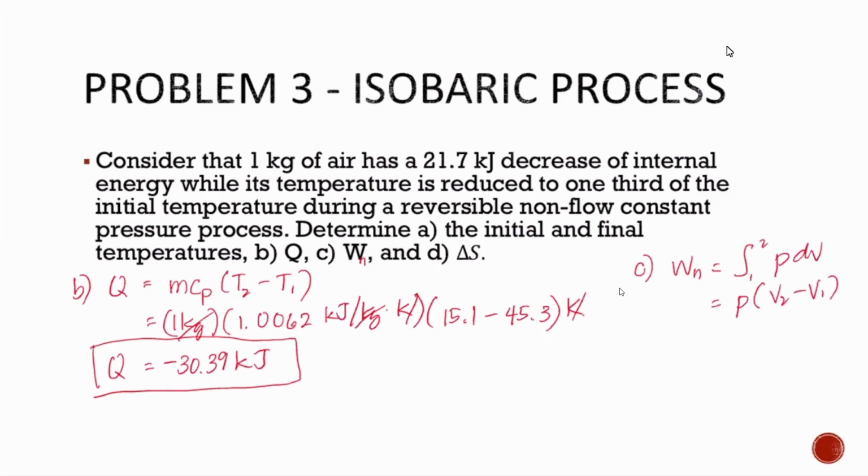However, we are not given the volume. So we can use mass and the ideal gas constant of air, which is R, times T2 minus T1.